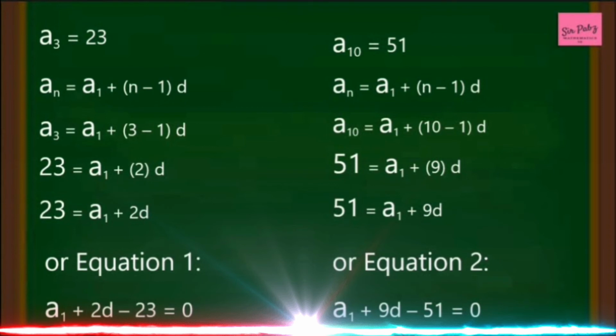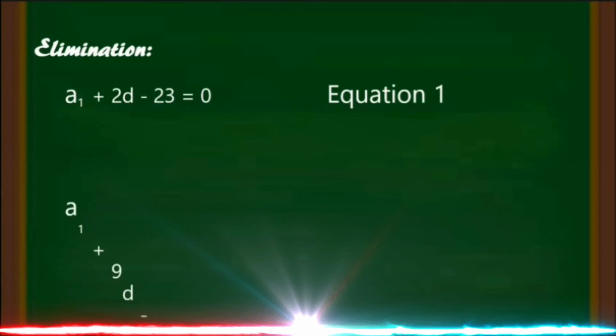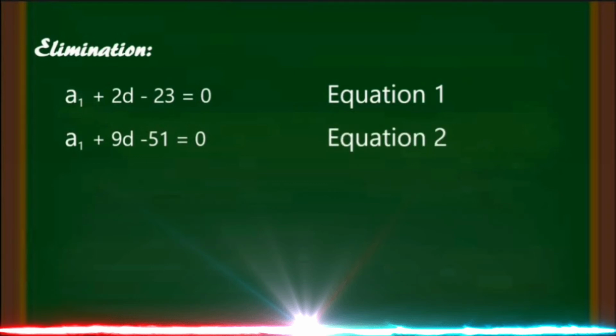Now, what is next after having our equation 1 and equation 2? What will be the next step? Yes, very good. We need to apply the elimination method. So, how to eliminate? Our equation 1 is a sub 1 plus 2d minus 23 is equal to 0. And our equation 2 is a sub 1 plus 9d minus 51 is equal to 0.